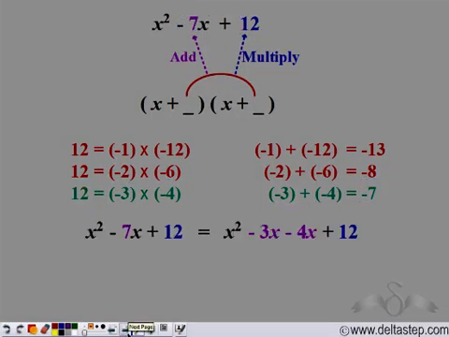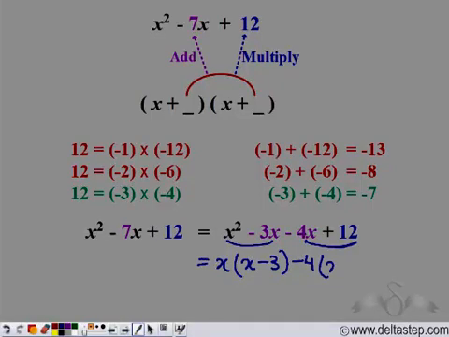Now factorize this by grouping. So take these two terms, take x common, we get x minus 3. From these two terms, we have 4 common. So should we take 4 common? If we take 4 common, then we will have a negative x inside the bracket, but we require a positive x. So let us take negative 4 common. If we take negative 4, then negative 4 into x is negative 4x.